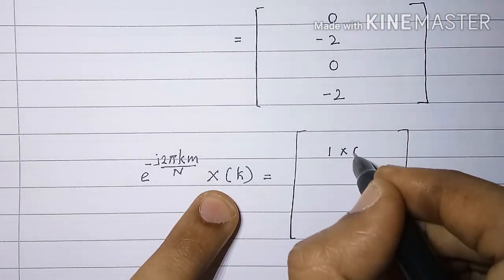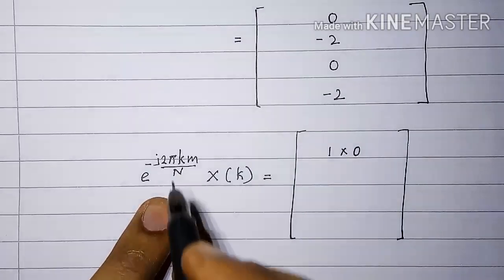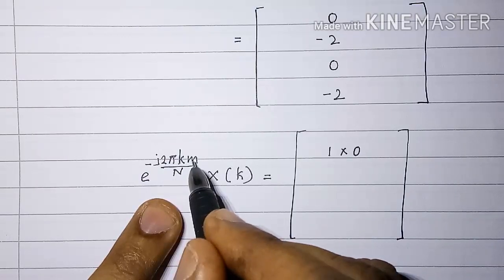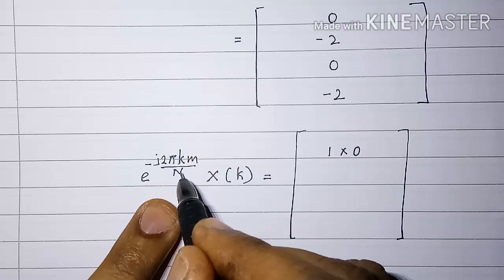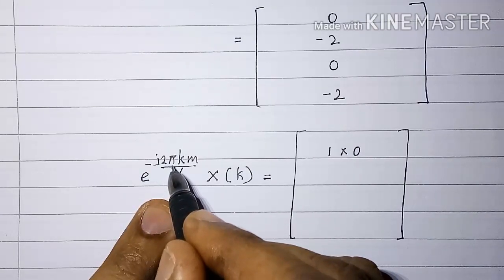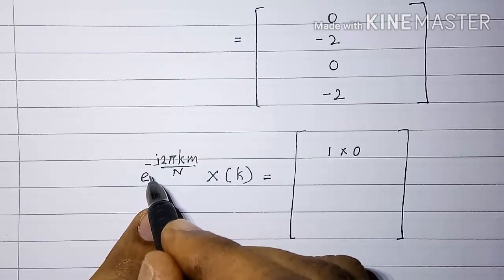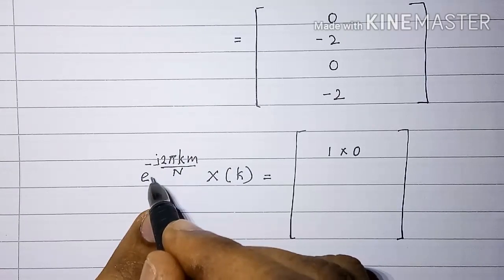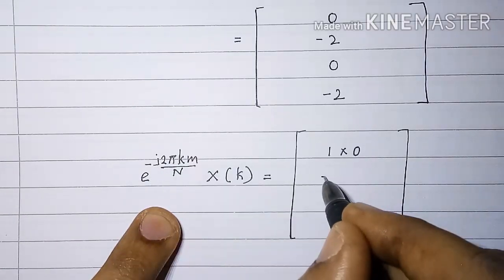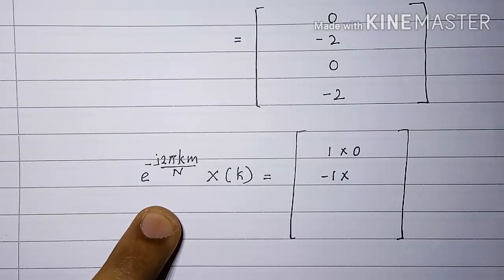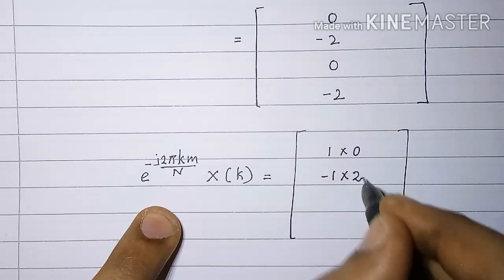X of 0 is 0. For k equal to 1, m equal to 2, 2 into 2, it will become 4. 4 by 4 will be equal to 1. E raised to minus j pi means cos of pi. Cos of pi is minus 1. Minus 1 into 2.